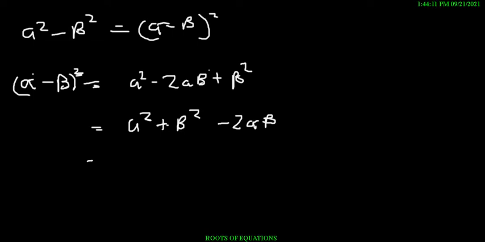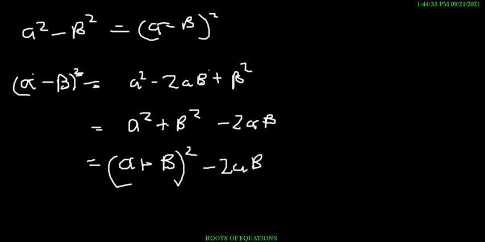So what we do is, since we know what alpha squared plus beta squared is from the previous question, and that is alpha plus beta squared minus 2 alpha beta, minus again the 2 alpha beta, which is this one.